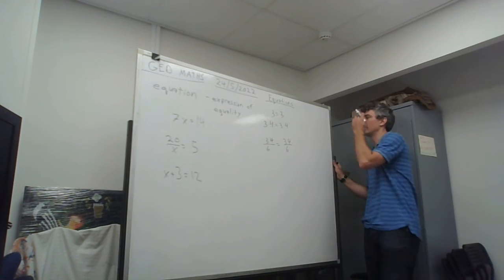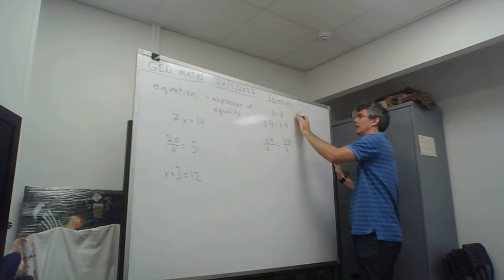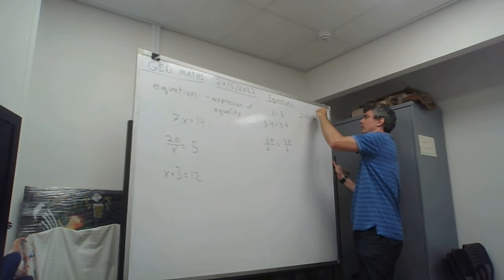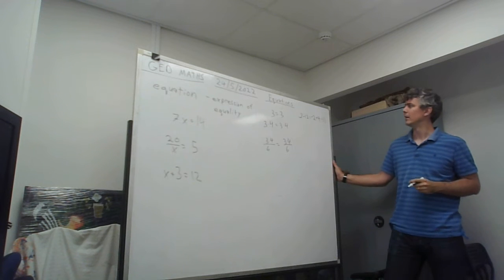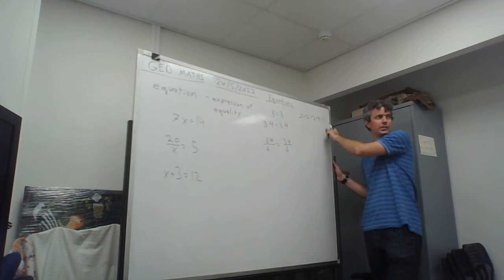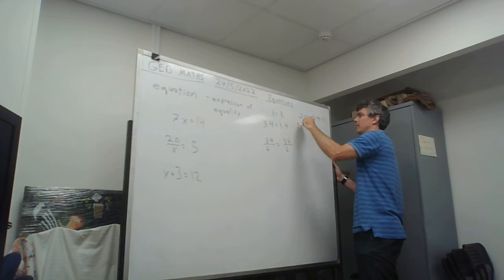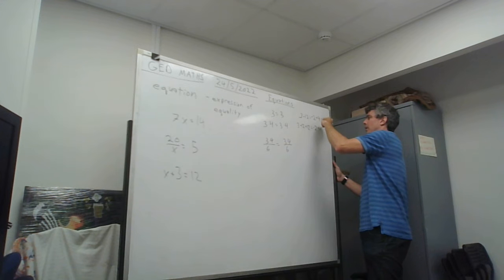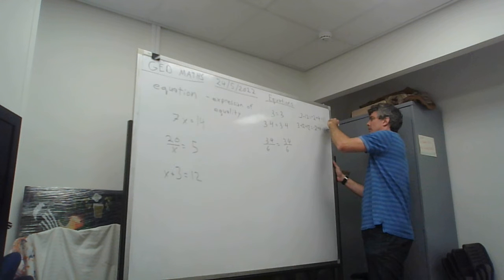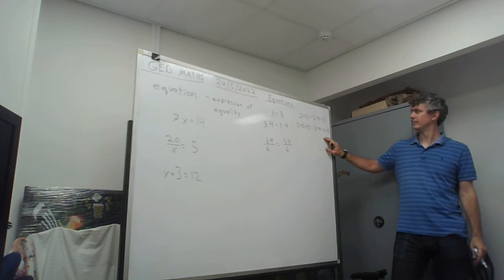Right? Let's try again this one that we had. It was 3 minus 12 equals negative 2 plus 4 minus 11, right? Okay? Now let's say we add 12 to each side. So we can do 3 minus 12 plus 12 equals minus 2 plus 4 minus 11 plus 12. This will still equal the same, right?